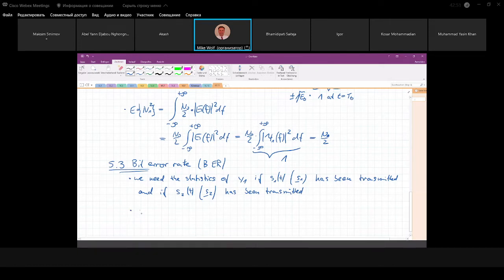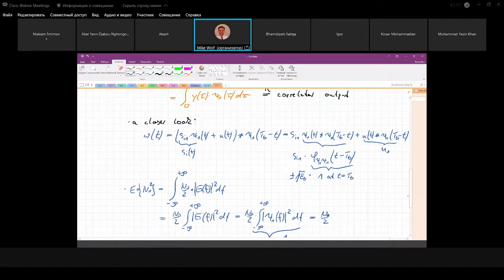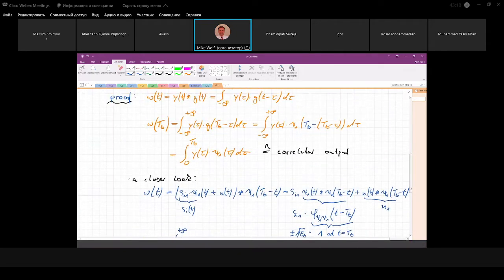The expected value of y1, under the condition that S1(t) has been transmitted, is just square root of E, because the noise is zero mean. We have zero mean noise, so we average over this signal component plus noise component, but the noise, even the filtered noise, is zero mean.